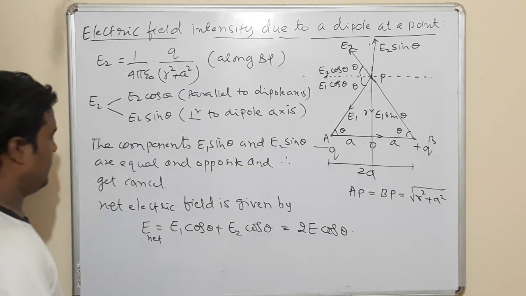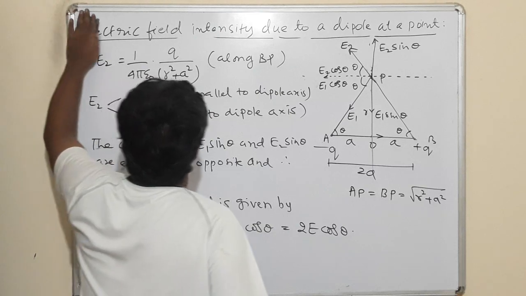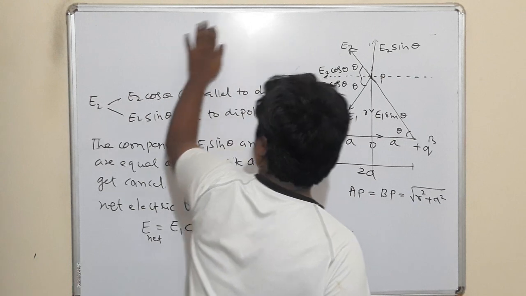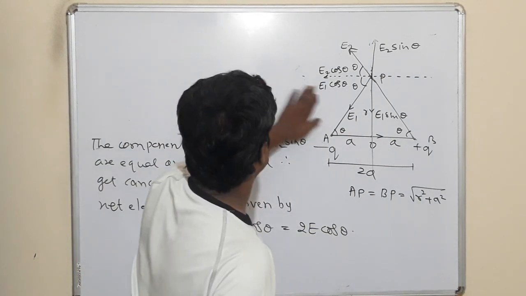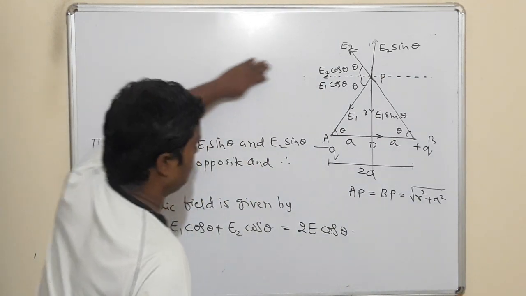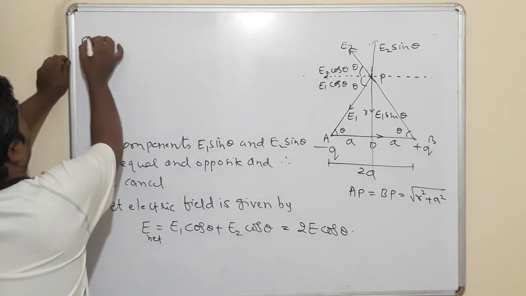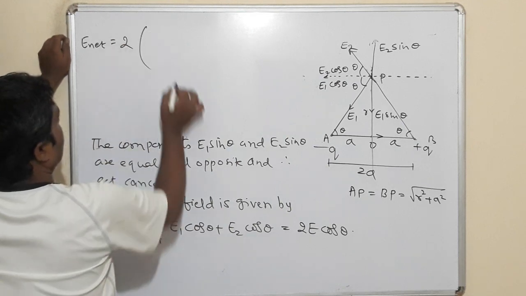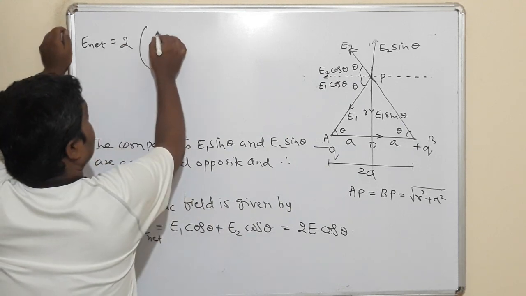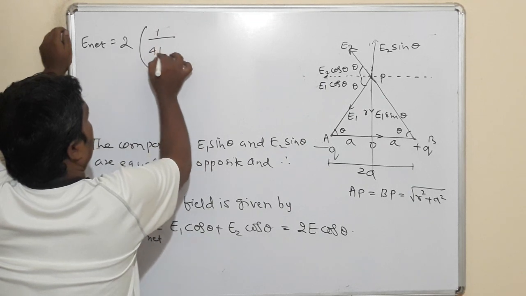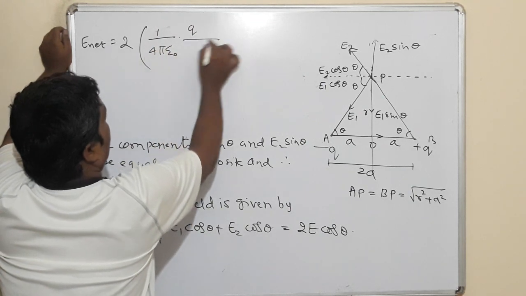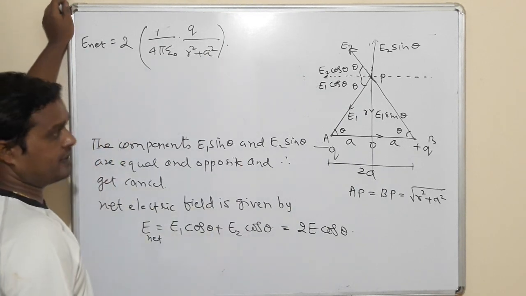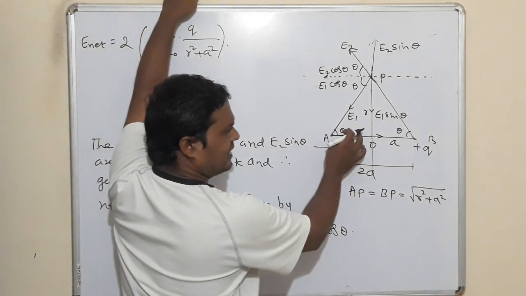Okay? Then you see, how to calculate the net field? E net is equal to 2E cos theta. This is 2 into what is E? E is 1 by 4 pi epsilon naught q divided by r square plus a square into cos theta. This is theta here. What is cos theta?